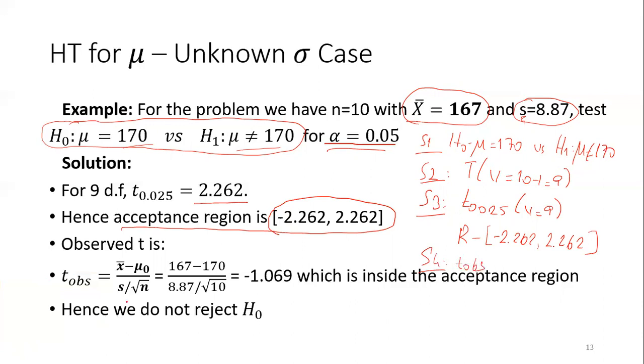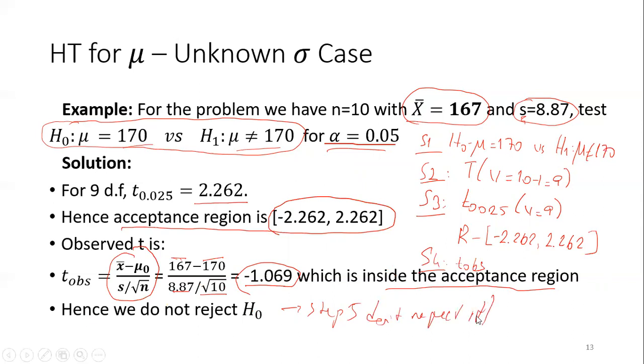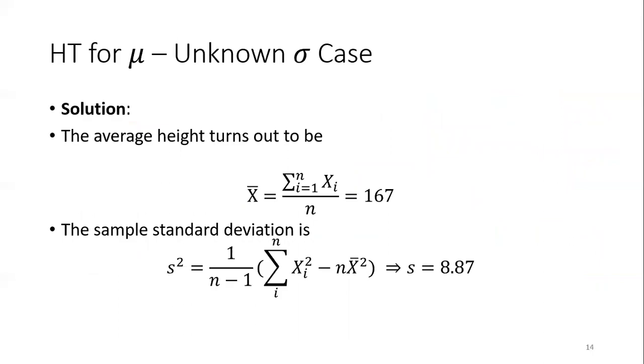T observed is x bar minus mu 0, which comes from the null hypothesis, divided by s divided by root n, which is equal to minus 1.069. This is inside the acceptance region, or outside the rejection region. Hence, in step 5, we don't reject the hypothesis. Great.